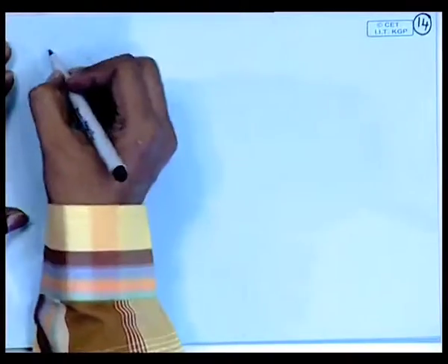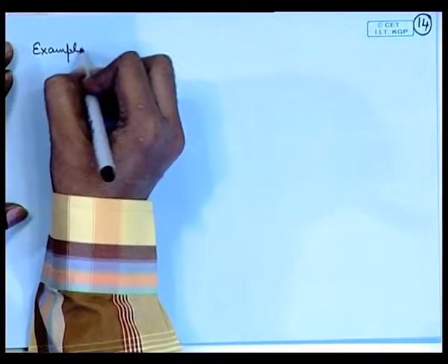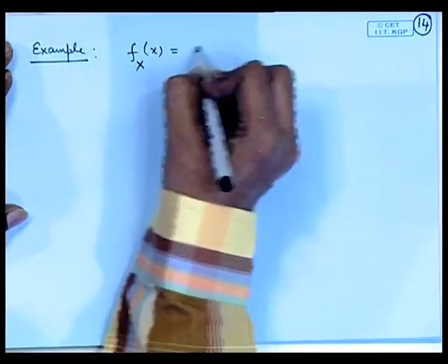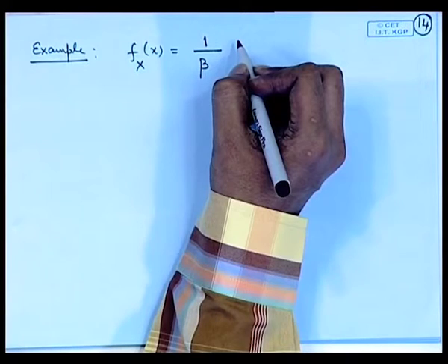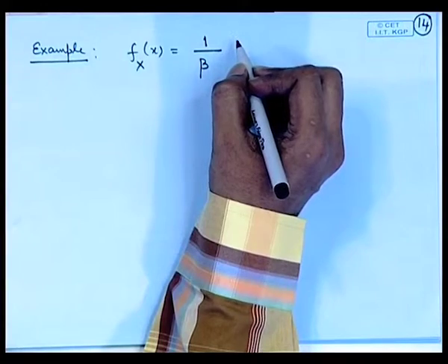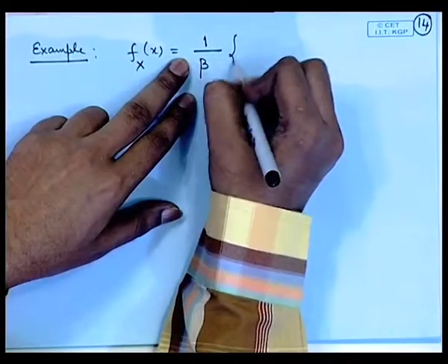Let us look at some examples of calculation for certain distributions, and the moments and other characteristics that we have discussed so far. So, let us consider one example. Let x be a continuous random variable with the probability density function given by 1 by beta times 1 minus modulus of x minus alpha by beta.